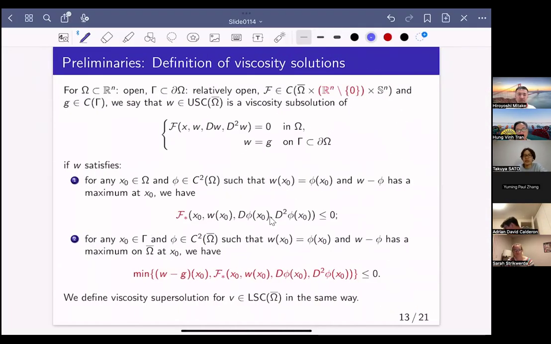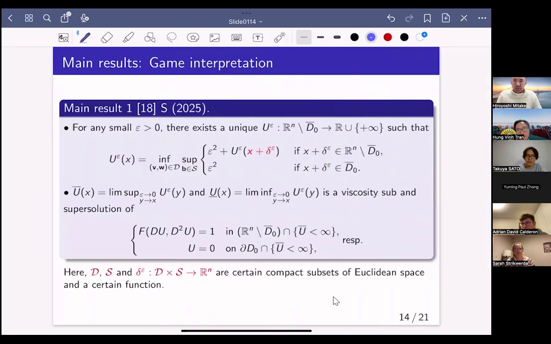Here the Dirichlet condition means this generalized Dirichlet condition, which means the sub condition for the Dirichlet condition is satisfied in the usual sense, or we can extend the equation to the point on the boundary. So the first main result is that we constructed the game interpretation for our equation.